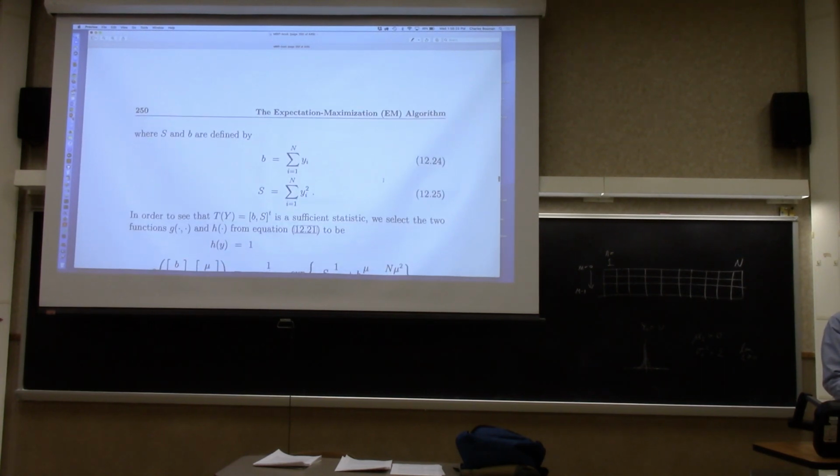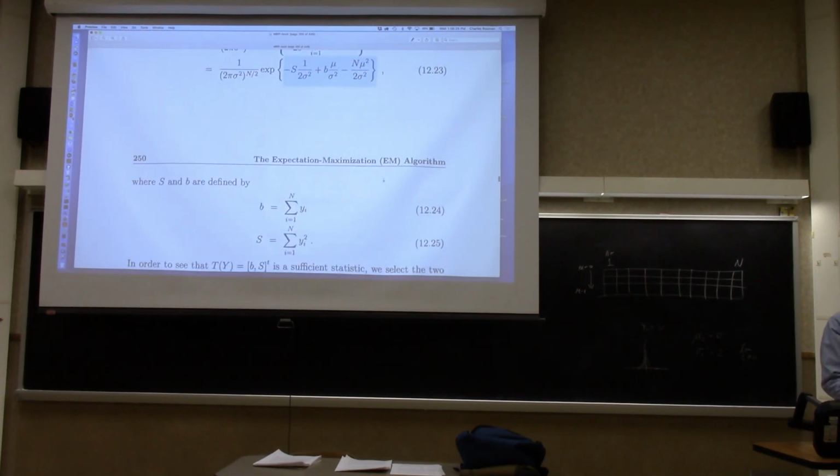Here B is the sum of the y's, and S is the sum of the squares of the y's.